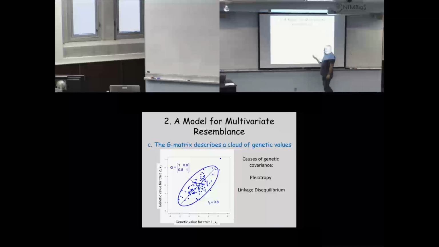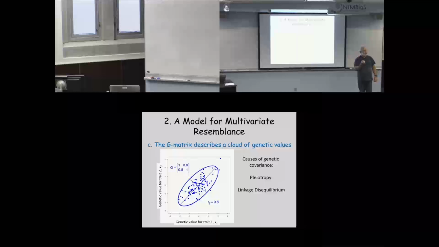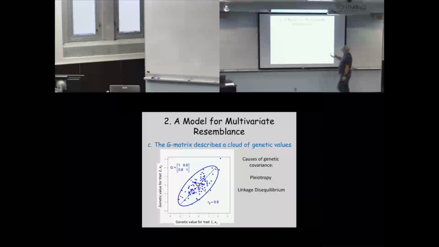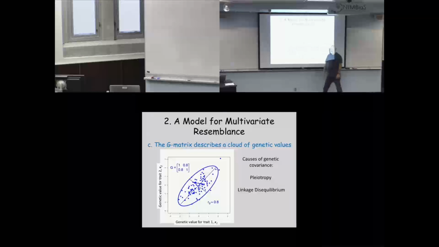Okay, so here's another way of thinking about the G matrix. If you think about a single trait, we pointed out in the last lecture that the genetic variance is just the variance in breeding values, the variance in those little X values. So not surprisingly, if we have two traits, we can think of a cloud of additive genetic values in one trait plotted against the other. Here I've done an imaginary example, and here's a cloud of values.